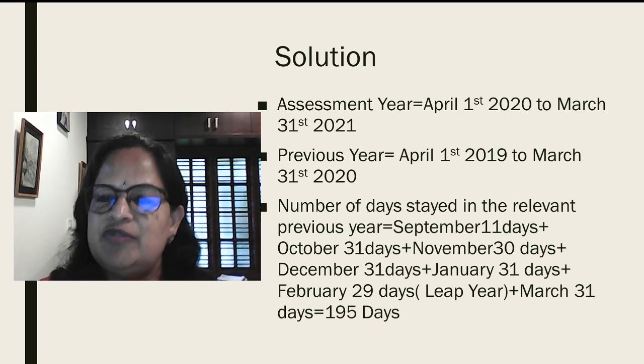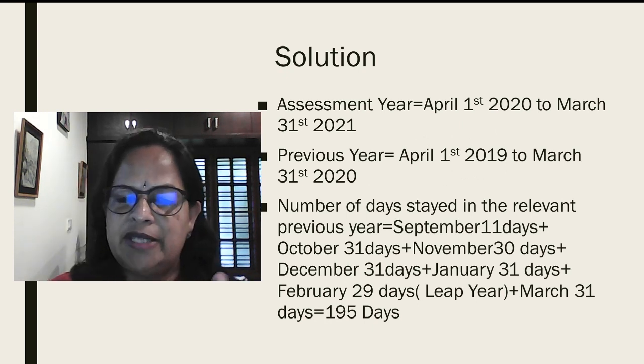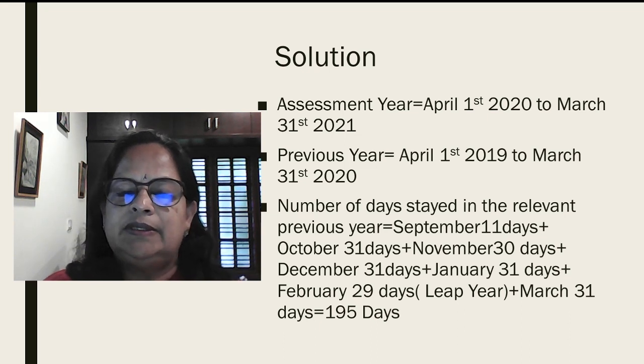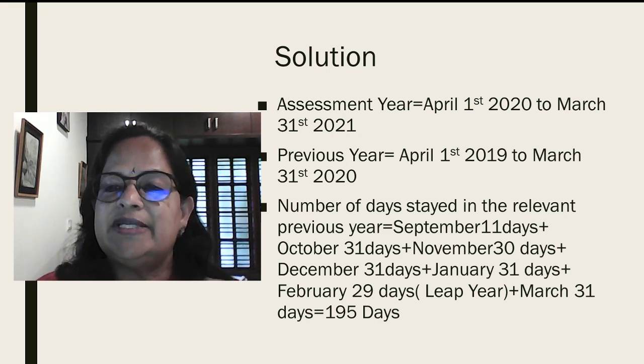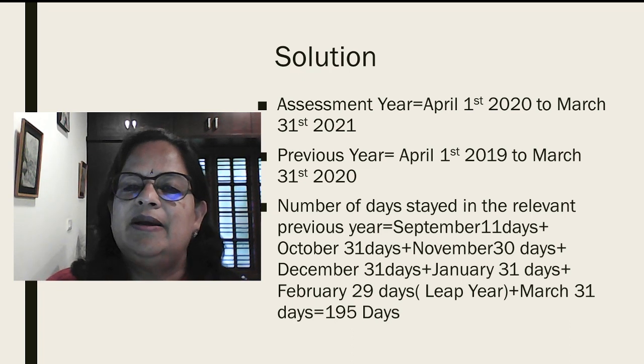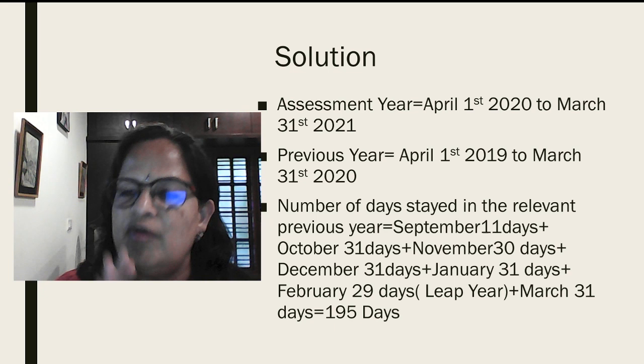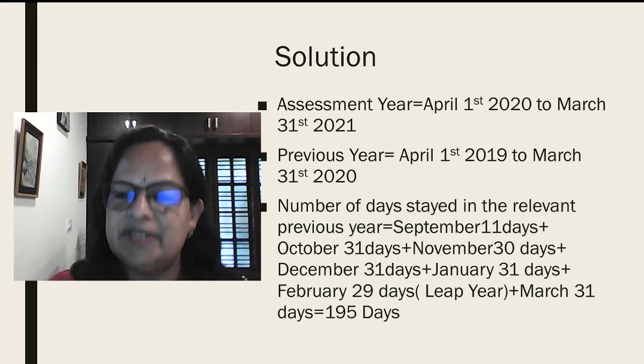For September you have to take 19 included: 19, 20, 21, 22, 23, 24, 25, 26, 27, 28, 29, 30. So 11 days. Plus October, you can take the full 31 days. Then November 30 days, full month. December 31 days.